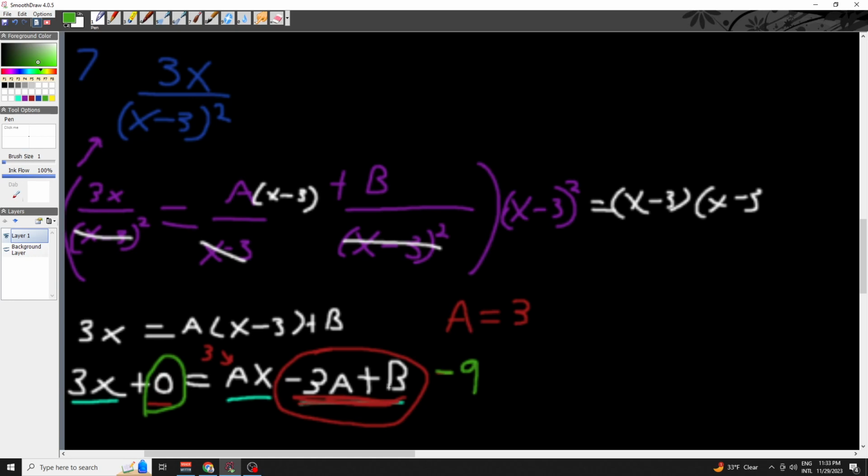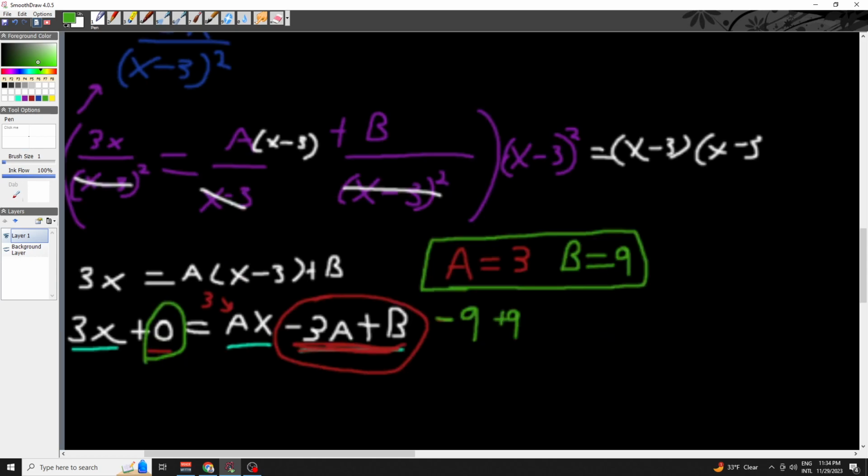So we have to make b positive 9 in order to make this term right here equal to 0. So that makes b equal to 9. I didn't intentionally use Christmas colors, but that's how we're going to go. That's the answer. Just remember to add the zeros and separate the terms to make them true, and you'll probably be able to get through question 7 pretty easily.